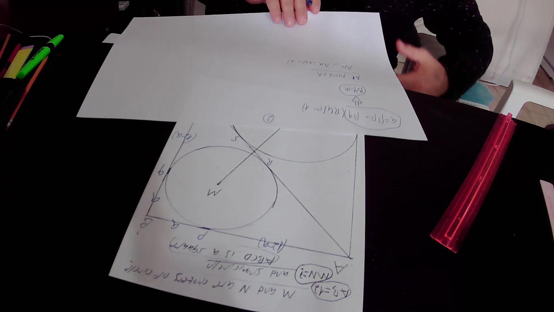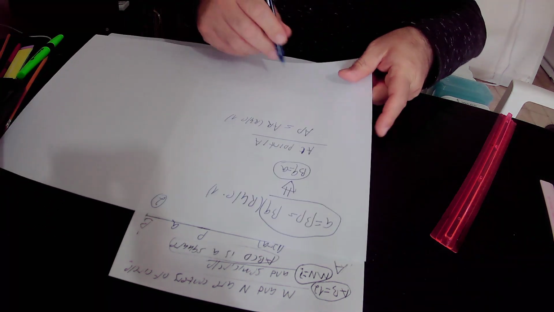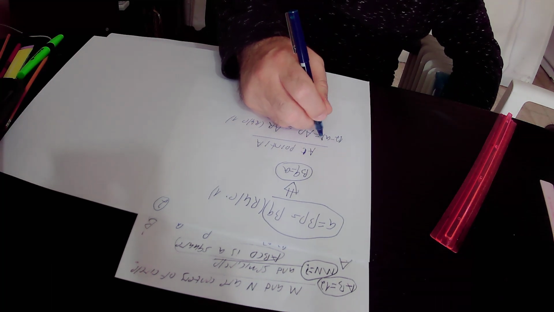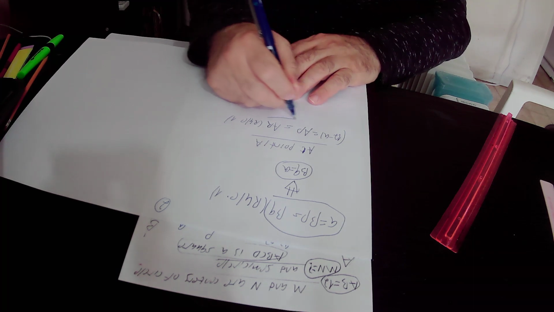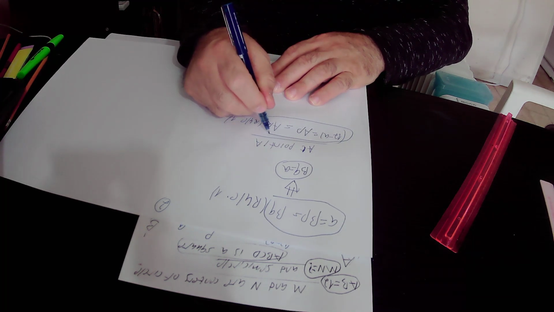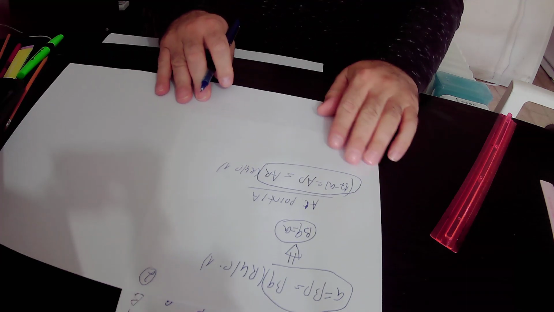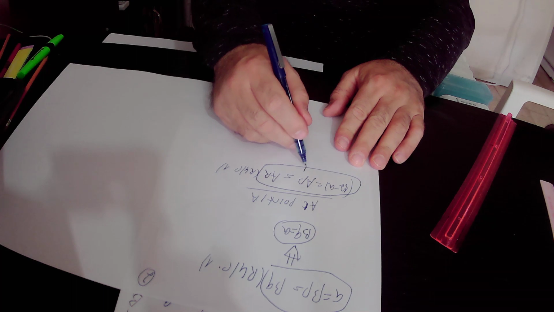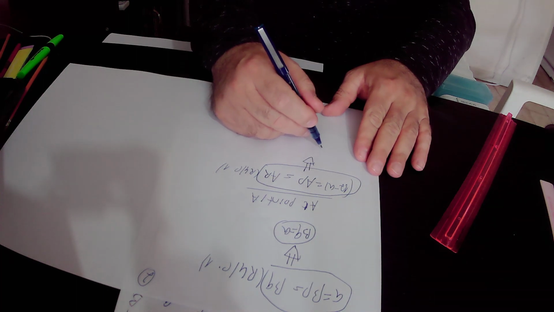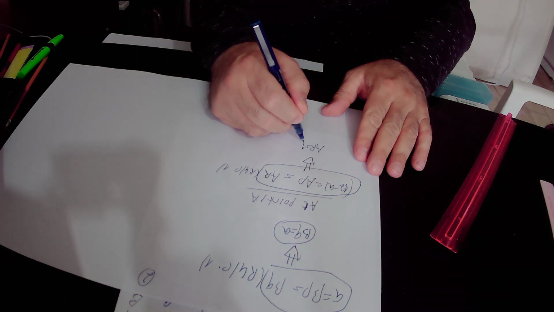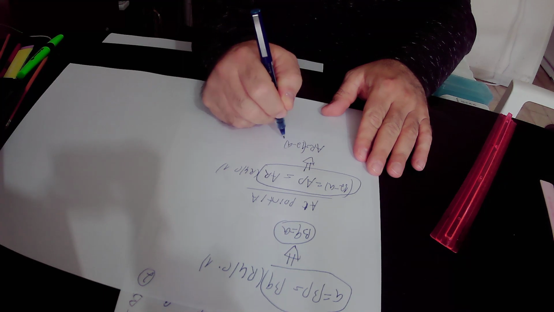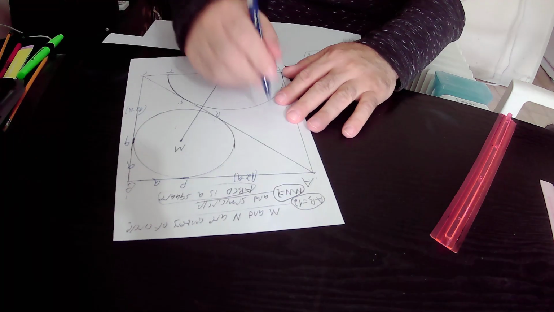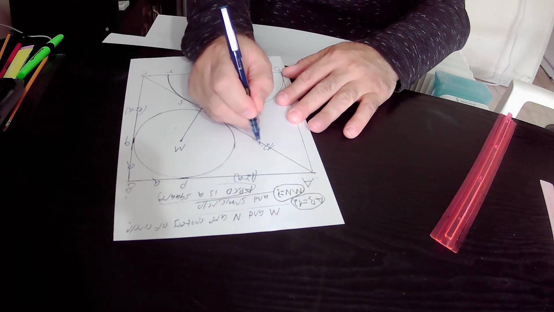But we have already found that AP equals 12 minus A. So from this equation, 12 minus A equals AP equals AR, we derive that AR is also equal to 12 minus A. So we can write here that AR equals 12 minus A.